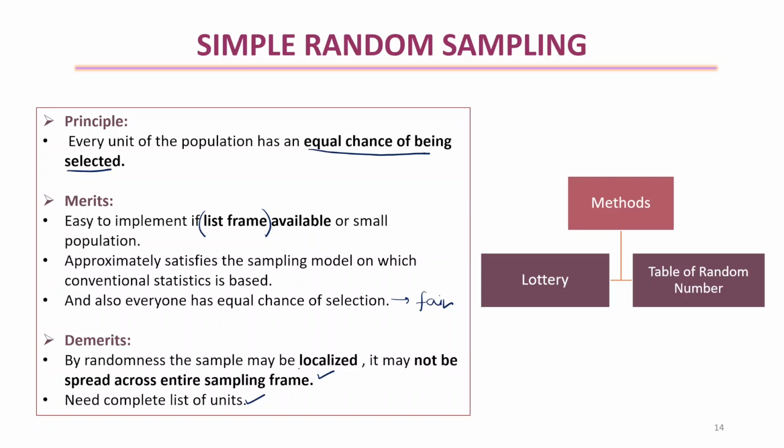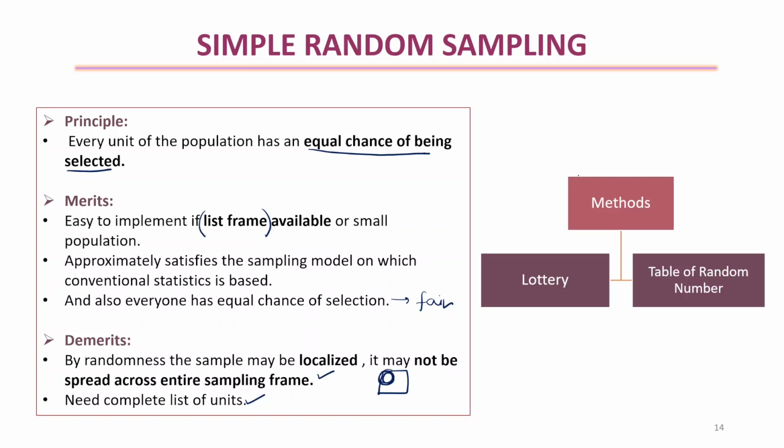For example, suppose I am selecting students from an entire university. By chance, many selected students could belong to one department. So, although the selection is random, the sample may sometimes not be well spread across the whole population. It may be localized, not spread across the entire sampling frame.